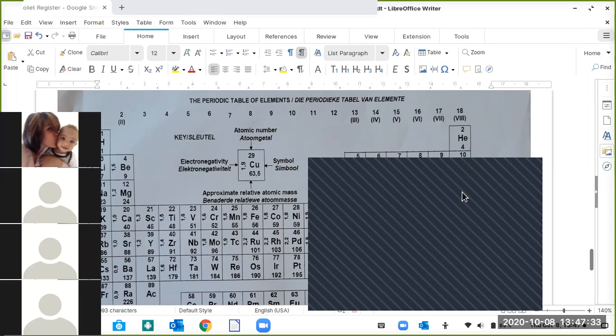Then if you check on the third one, what is the maximum number of electrons in the outermost shell? It has got 18 electrons. So how many are in the outermost shell? Okay, just look at the period that we are in. Subtract the number of electrons in the previous period, right?